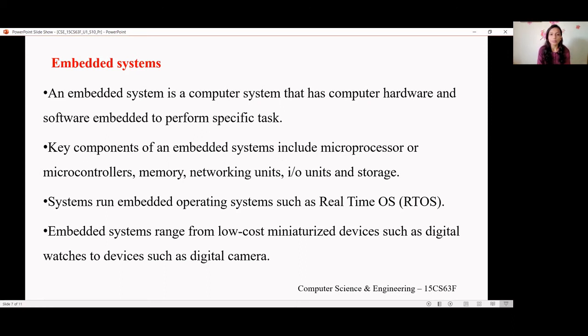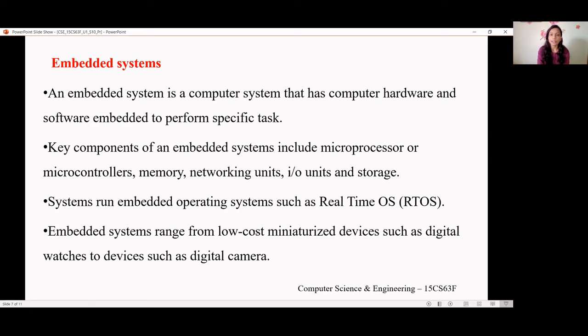In IoT, we will have a mini computer, and they have their own operating system also. Like for our laptops, we use Windows, Linux. Here the embedded system will have its own embedded operating system known as real-time OS or RTOS.